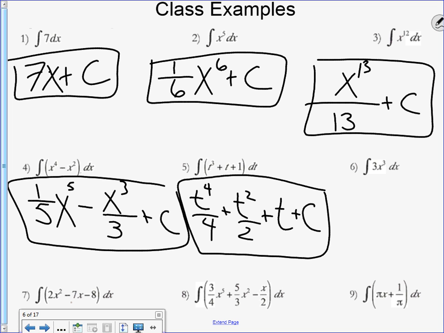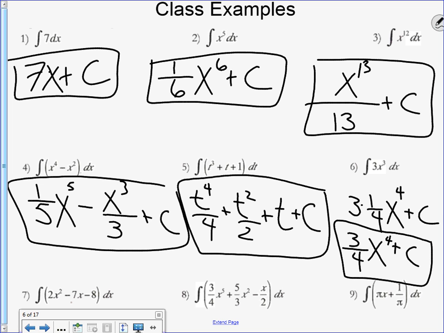So I'm just going to keep this 3 here and multiply by the antiderivative of x cubed. Yes, Ryan? So it'll be 1/4 x to the 4th plus c. And I wouldn't leave it 3 times 1/4. You know, what is 3 times 1/4? So we can just write it as 3/4 x to the 4th plus c.